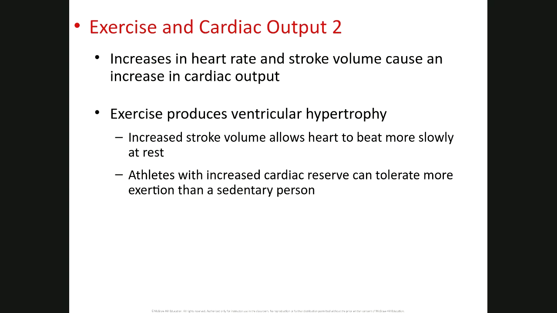Exercise produces ventricular hypertrophy. When you work a body part many times strongly, like in working out, the muscle cells increase in size. If it's in size, then you call it hypertrophy, and therefore the muscle grows bigger.